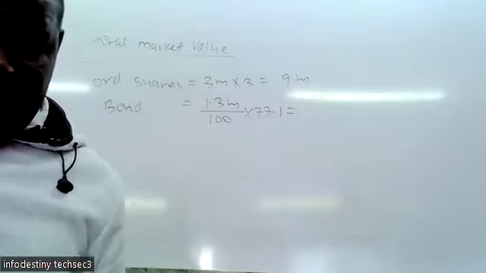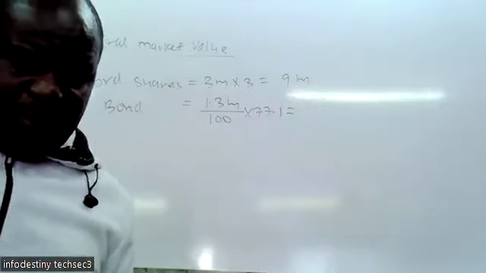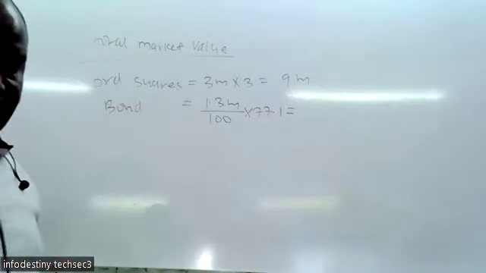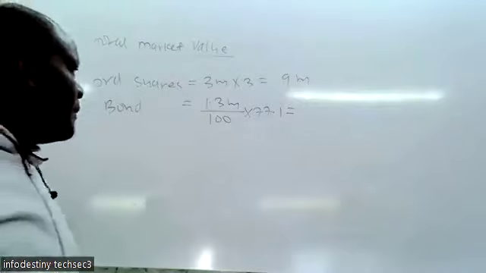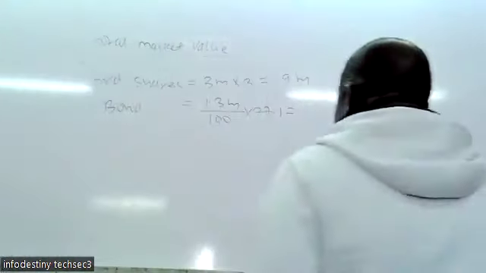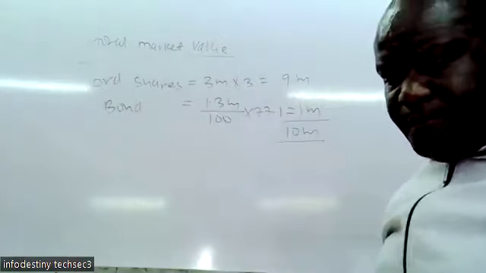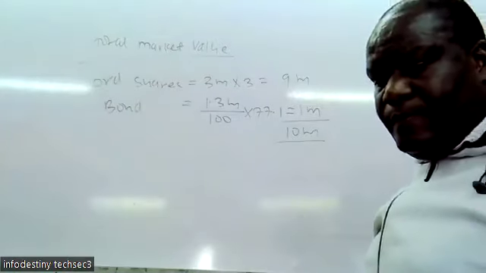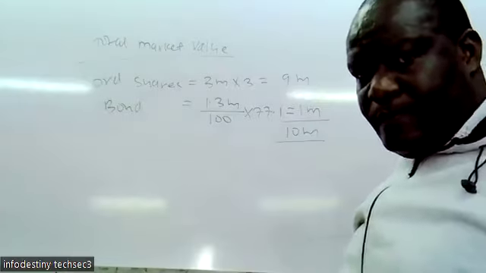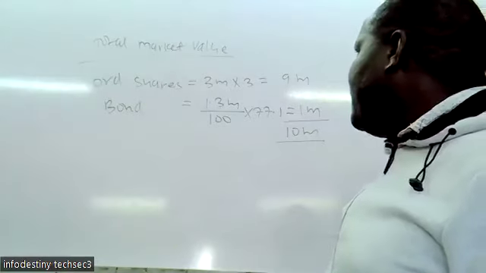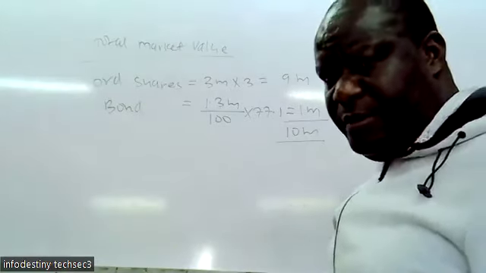So if you factor in 77.1, what should be the value? I suspect this one should give us 1 million. So confirm whether those figures of mine are correct. When you take 1.3 divided by 100, multiply by 77.1, is it 1 million?